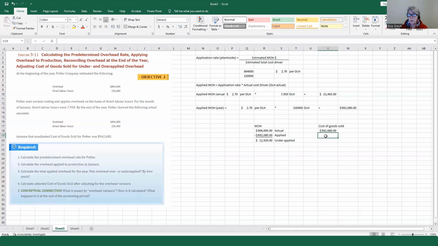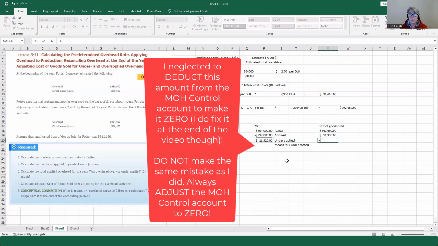So it's too low. Remember, if it's under applied, this means it is under costed. If it's over applied, it's over costed. And if it's under applied, it's under costed and we have to add to the cost. So we're going to add to this cost and the cost of goods sold is going to go up.